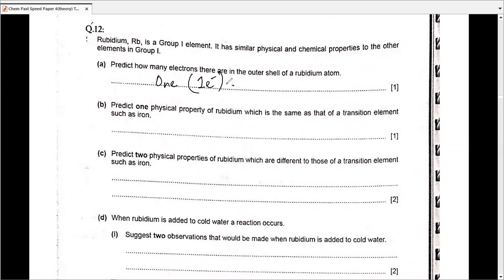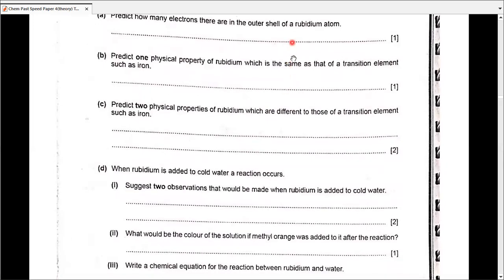Part B. Predict one physical property of rubidium which is the same as that of a transition element such as iron. Great. So rubidium is definitely not as strong as iron. It's definitely not as hard as iron. It's definitely not having a high melting or boiling point or a high density as iron.